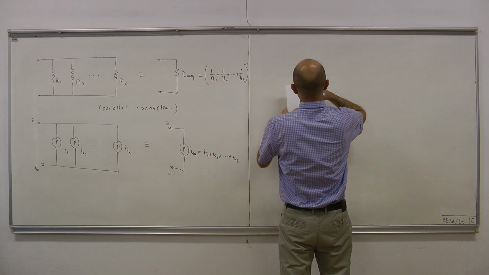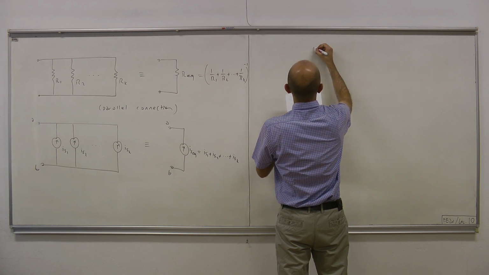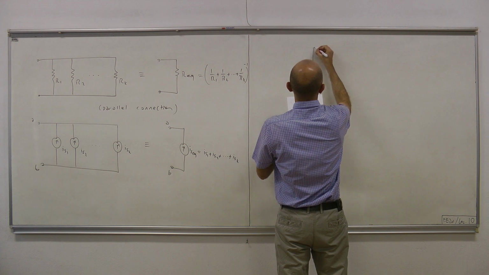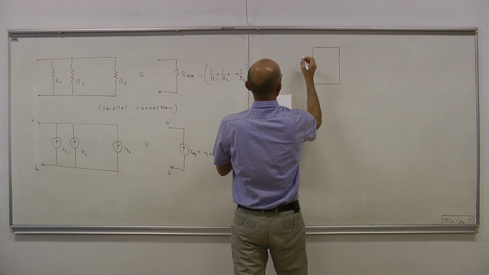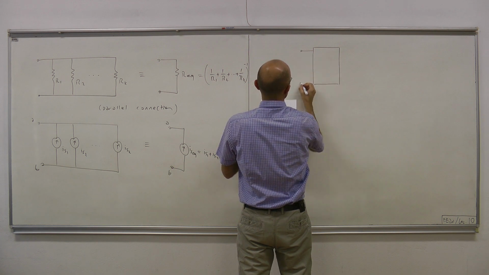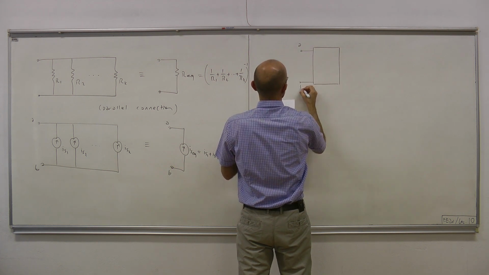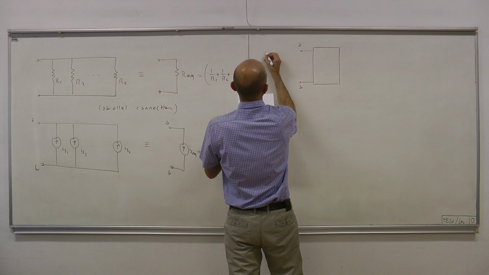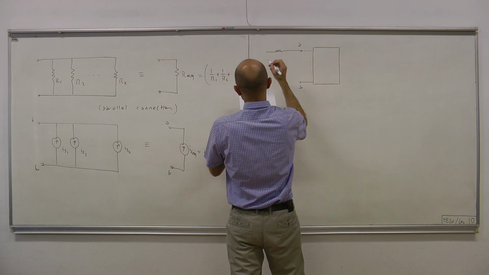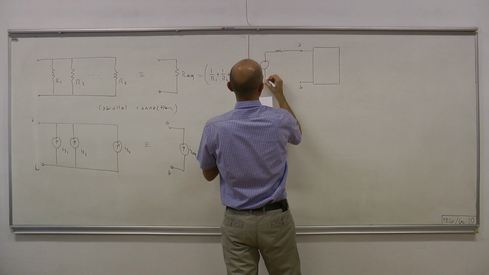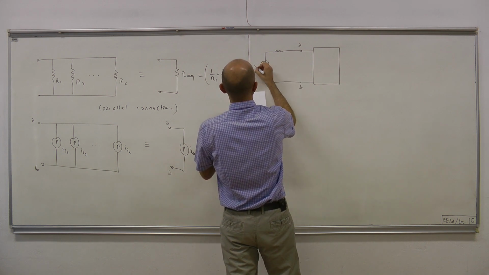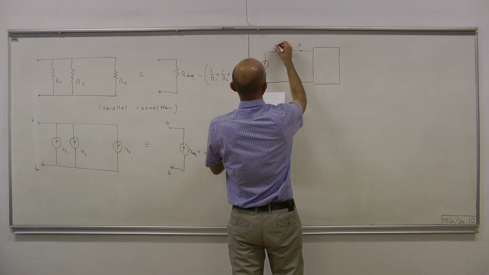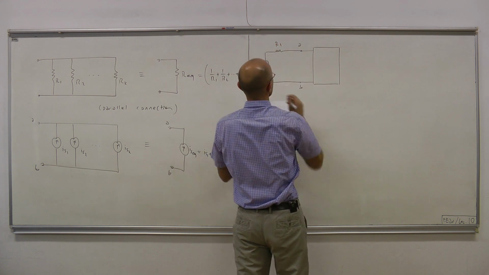Now, consider two circuits or two one ports. A, B, plus minus Vs. This is R1.